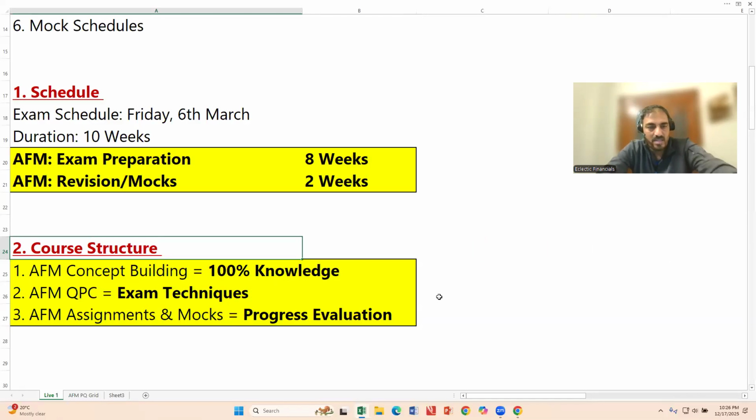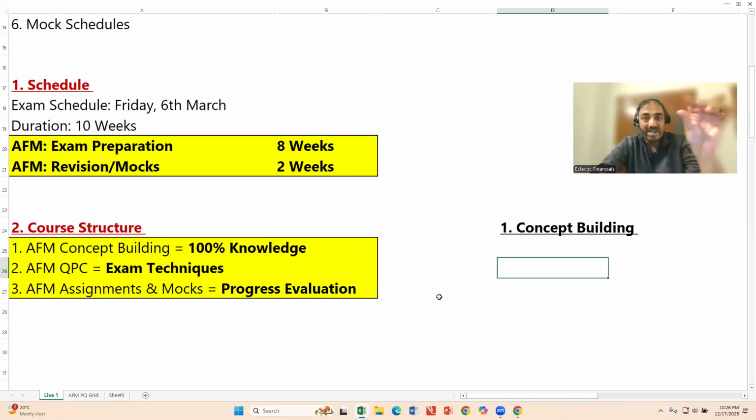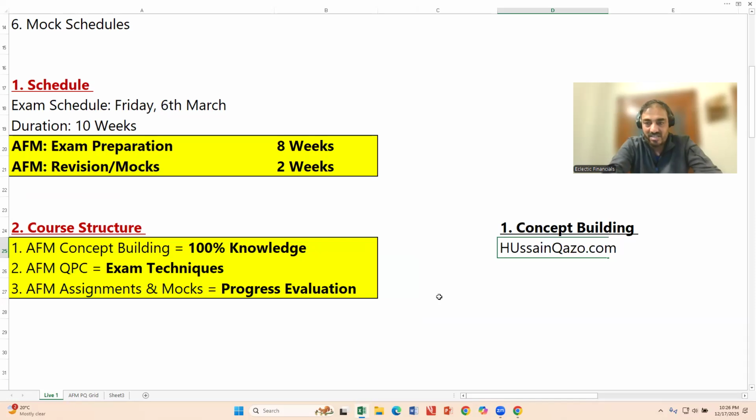For the course structure components, the first thing is concept building. If you want to build your concept with practice questions, the students registered with my English language course have to follow the HussaiNQazi.com portal.